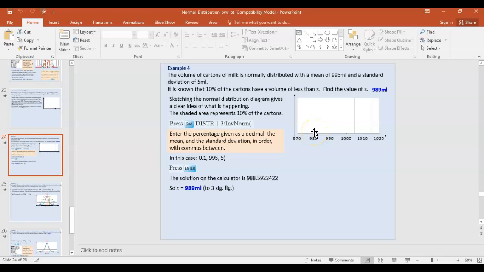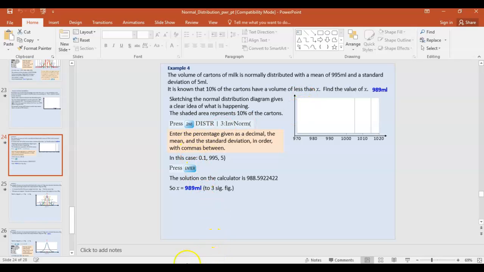We need to figure out what that is. So the key on inverse normal is recognizing that when we put in a percent, this calculator always wants to know the percent that is to the left of x. Now this problem in particular already told us that. This one already says 10% less than x, which is what we want. I'll show you the difference in a minute.